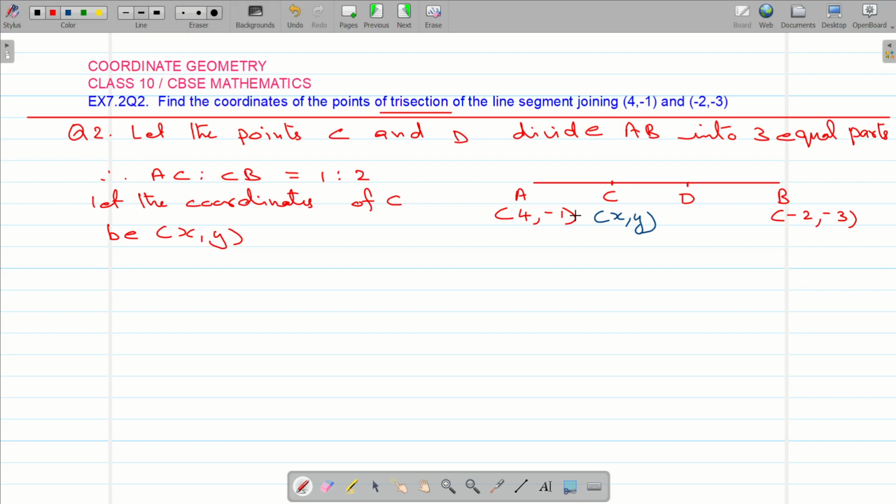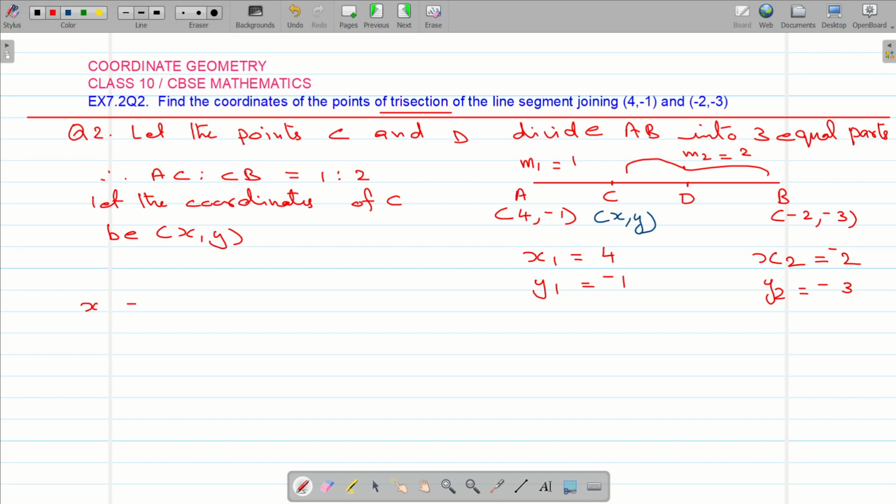And when I calculate the coordinates of C, m1 is equal to 1, m2 is equal to 2, x1 is equal to 4, y1 is equal to minus 1, x2 is equal to minus 2, and y2 is equal to minus 3.